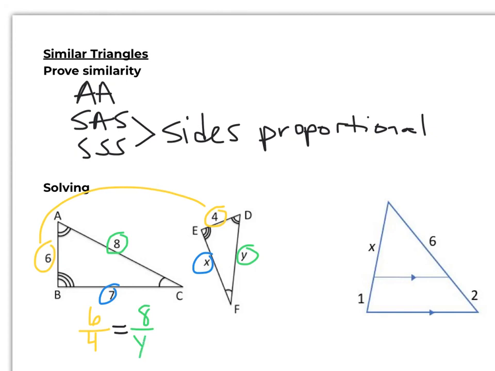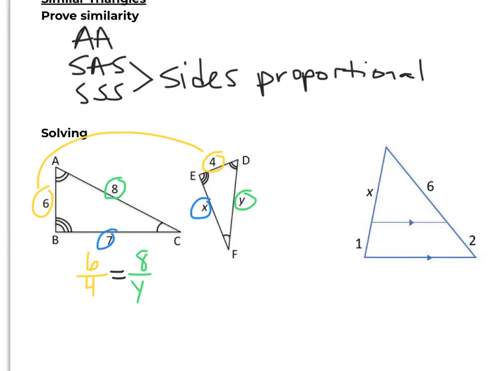And then we did a lot of cross multiplying this unit. So 6y equals 32, and we're going to get a decimal, but that's okay. So y equals 32 over 6. And I don't have a calculator, so we're going to leave this as 16 over 3. Then I go back to my yellow again because that's the one where I have my original pair that match up, corresponding parts.